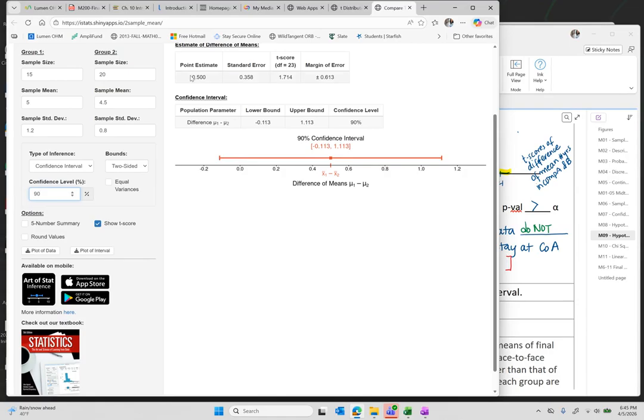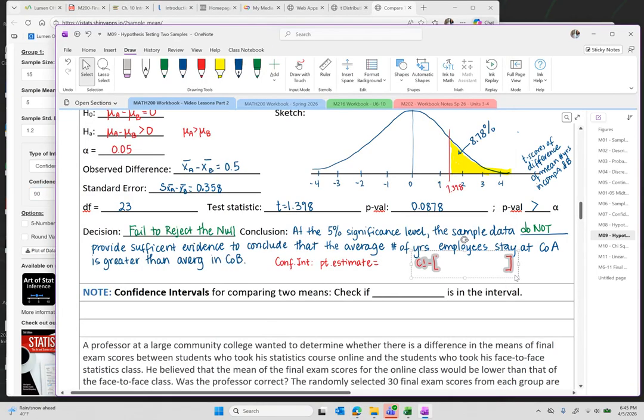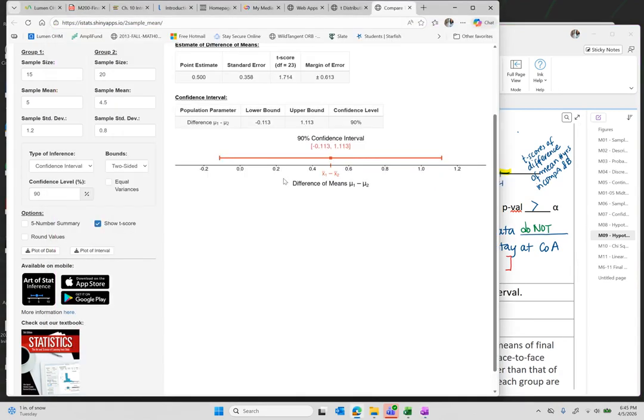You will see that your point estimate is 0.5. This is exactly the observed difference that you found. And you can see that the standard error is listed as the same standard error that we originally had, the 0.358. And then you can see the margin of error to be 0.6.